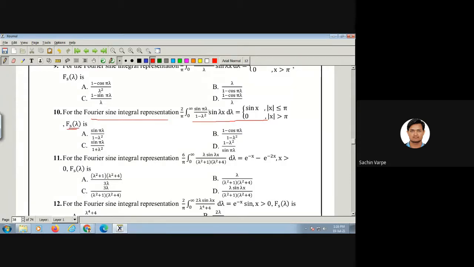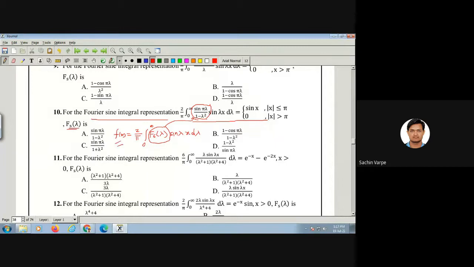So what will be the sine transform? This one. Isn't it? Because when I write the Fourier sine integral representation, f of x is equal to 2 by pi integral from 0 to infinity fs of lambda sine of lambda x d lambda, right? So if I compare this and this, I'll get this to be f of lambda.